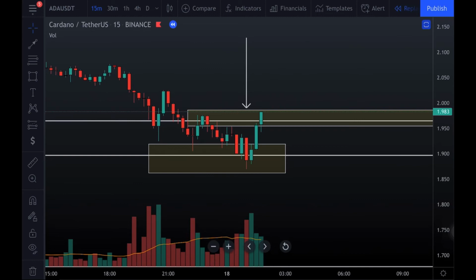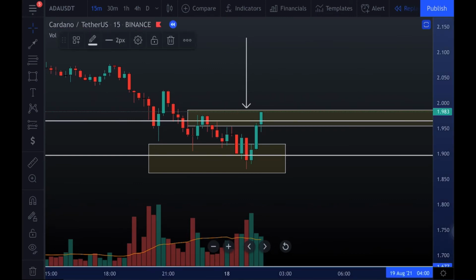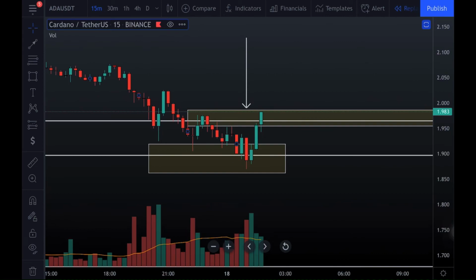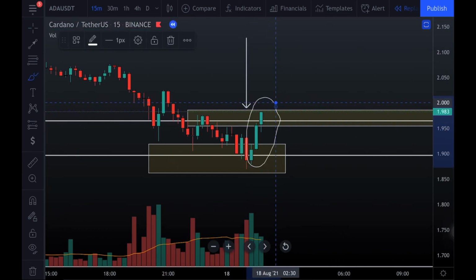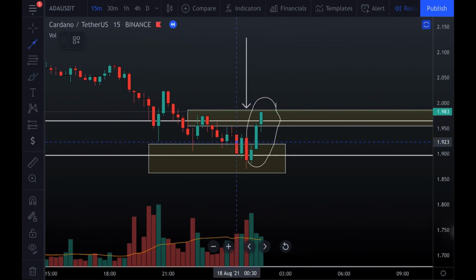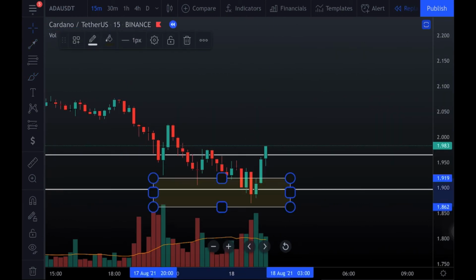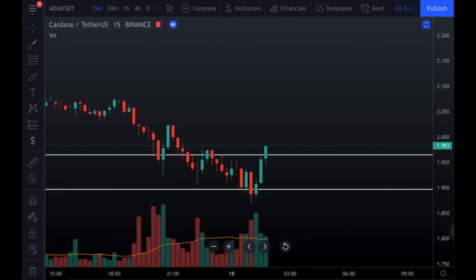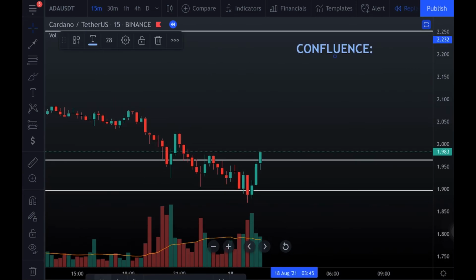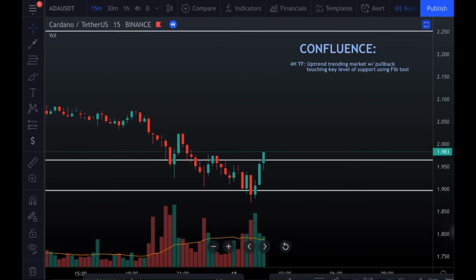Going back, as you can see here, the green candle we previously saw formed a 3 white soldier candlestick pattern on the lower time frame, which is a possible continuation pattern. So as for our confluence, we have on our structural time frame an uptrend trending market with pullback touching our key levels of support using the Fibonacci tool.